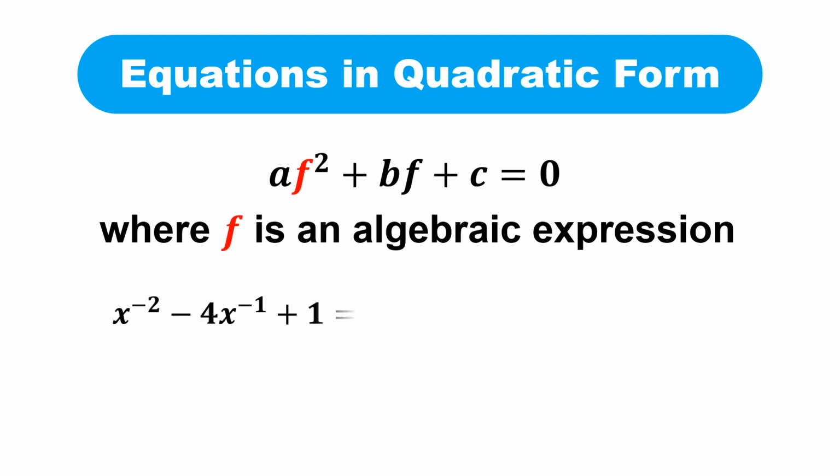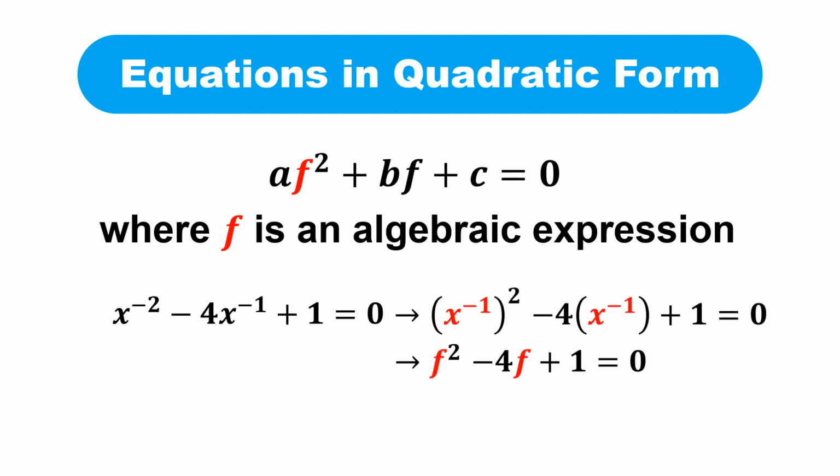In the equation x to the negative 2 minus 4x to the negative 1 plus 1 is equal to 0, letting f be equal to x to the negative 1 will transform the equation into f squared minus 4f plus 1 is equal to 0, which is easier to solve.